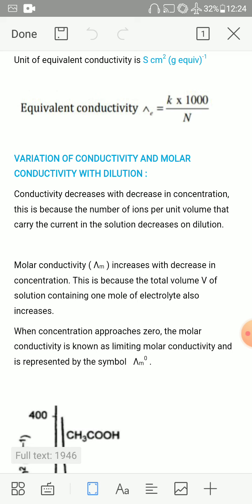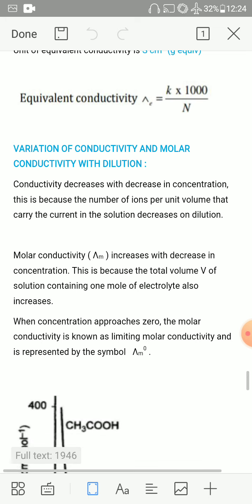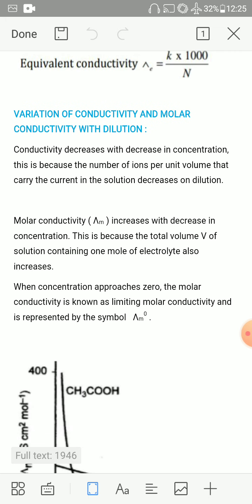One point you have to remember is that in molar conductivity, 1 mole of electrolyte is always present. The volume increases but the number of moles of electrolyte remains the same on dilution. That's why molar conductivity increases with decrease in concentration.